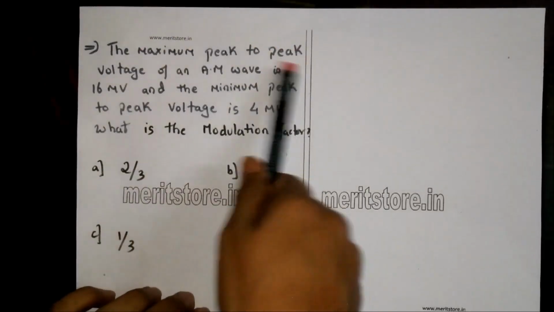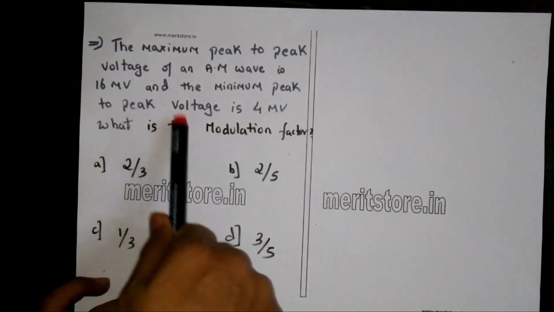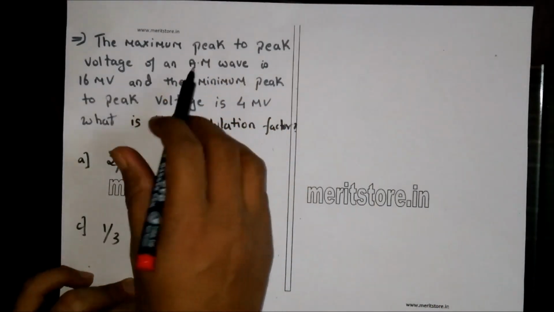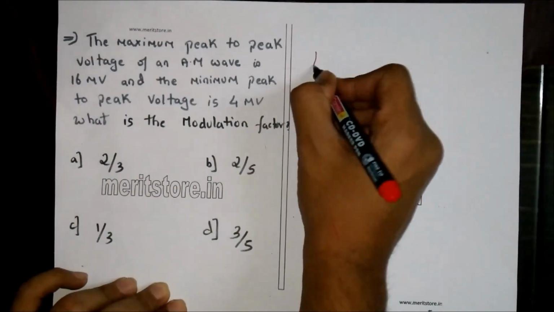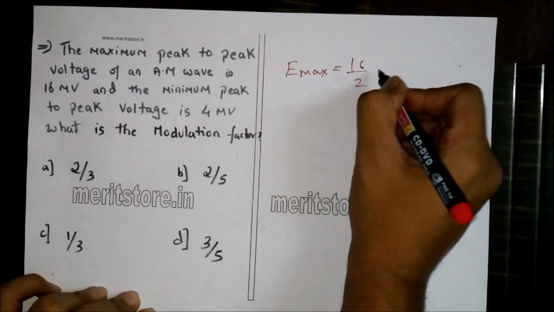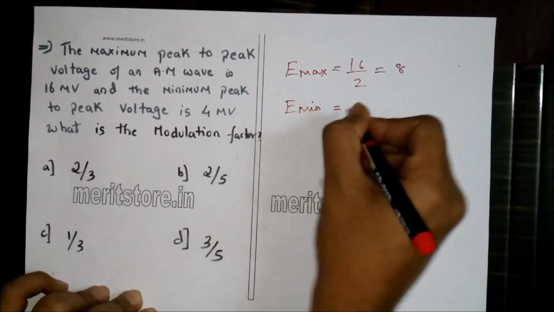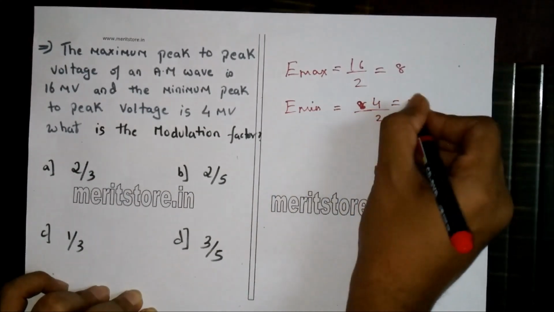The maximum peak to peak voltage of an AM wave is 16 mV and the minimum peak to peak voltage is 4 mV. What is the modulation factor? Now, since in the question it is given as peak to peak voltage, we take the half of both the values. Therefore, Emax will be equal to 16 upon 2, which is equal to 8, and Emin will be equal to 4 upon 2, which is equal to 2.